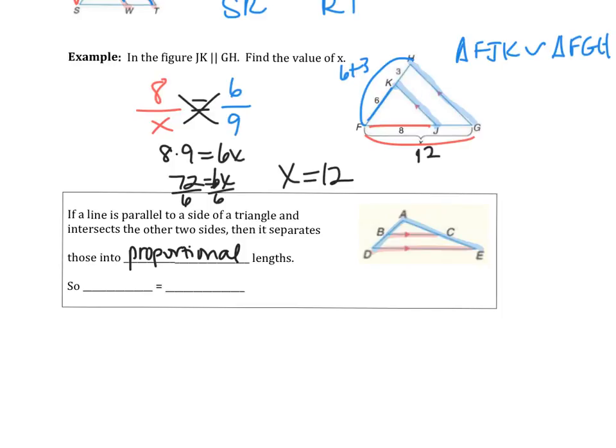So we've got AB over BD is going to equal AC over CE. So the small sides of the triangles after being separated by those parallel lines in the middle are then proportional.